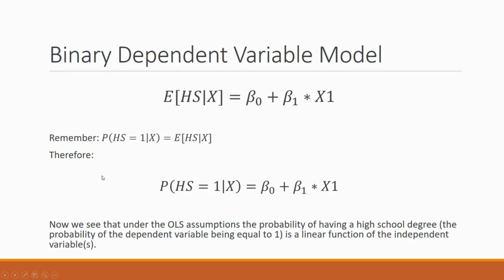So if the OLS assumptions hold, then the probability of having a high school degree is a linear function of the independent variable or variables. When we use the linear probability model, we're assuming that the probability that our dependent variable will equal 1 is a linear function of the independent variables.